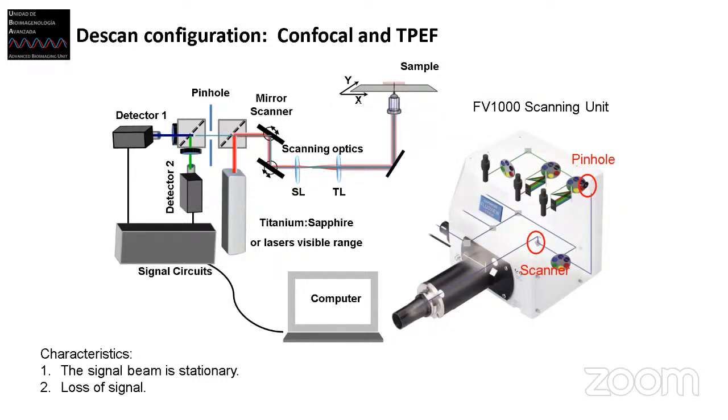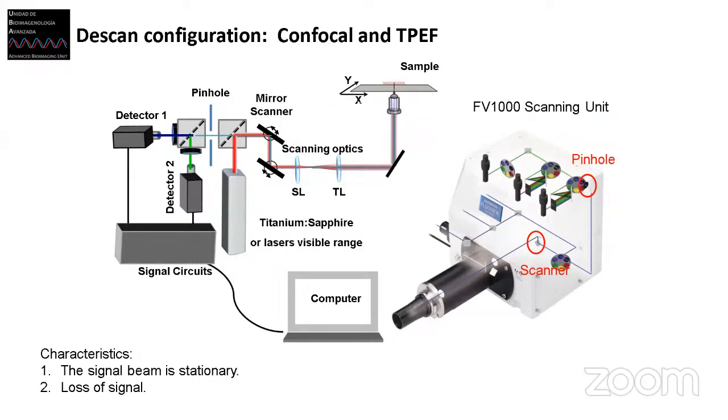And this is the reason why we can use this configuration for regular confocal microscope. We can focus again the light, pass through the pinhole, and avoid any light that is in any point in the field of view that is out of focus. And this is only possible because the beam is quiet, right? It's not moving.